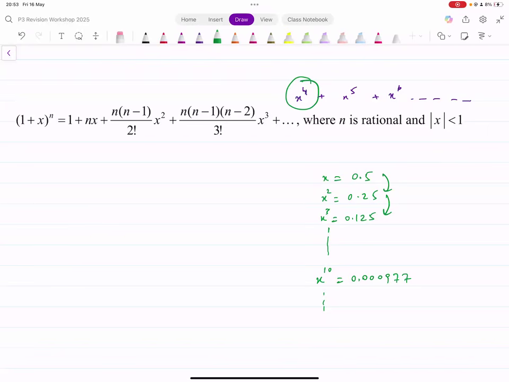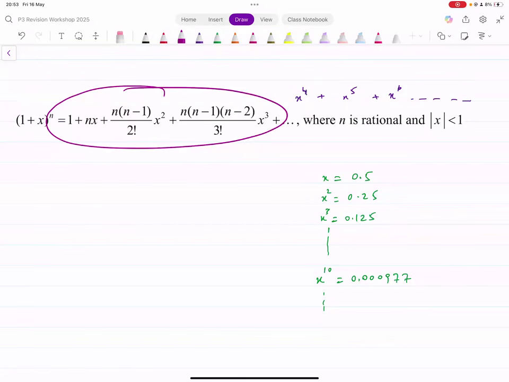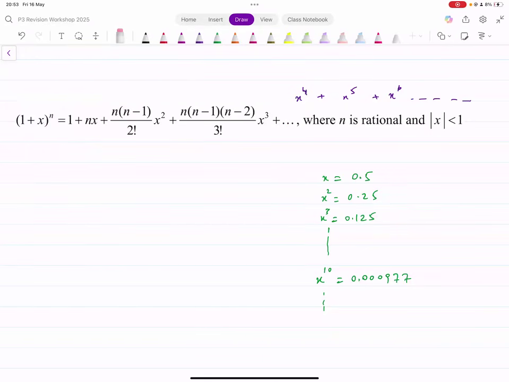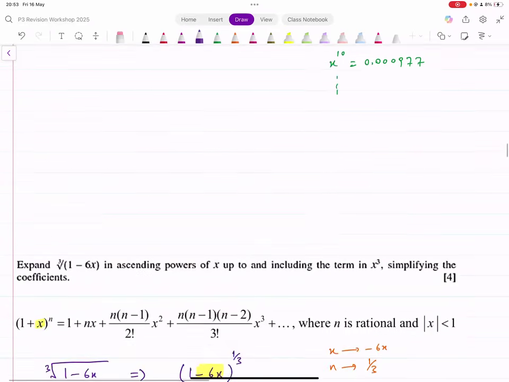So higher powers would actually be smaller numbers. For example, x power 10 in this case is very small. As you go further in the sequence, the values keep getting smaller. That is why we just expand the first few terms and say that that's a good enough expansion for this expression, because the rest of the terms are negligible. That's why this condition is there.